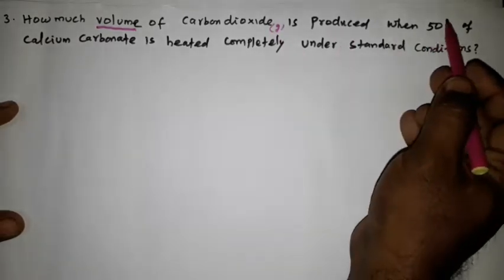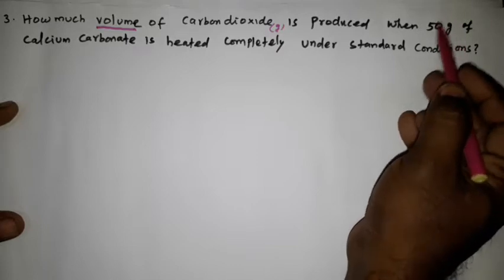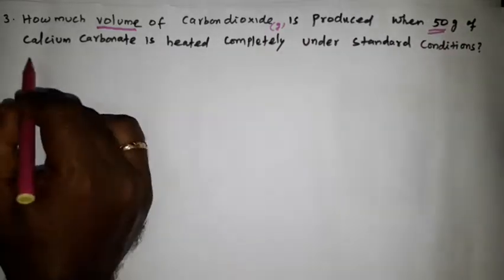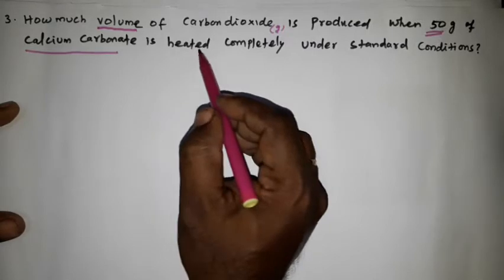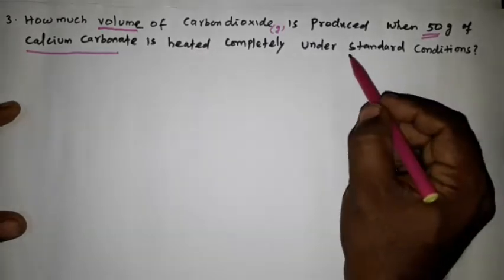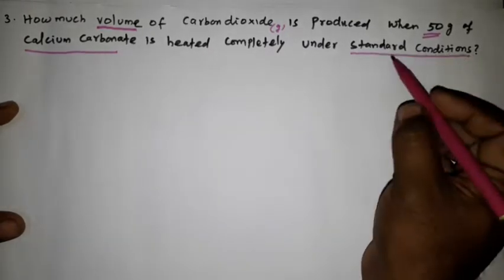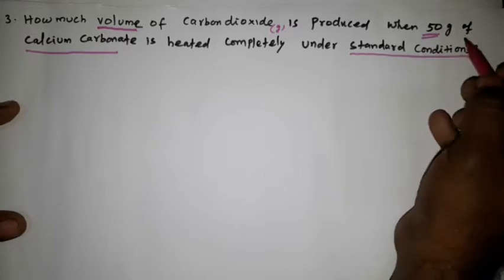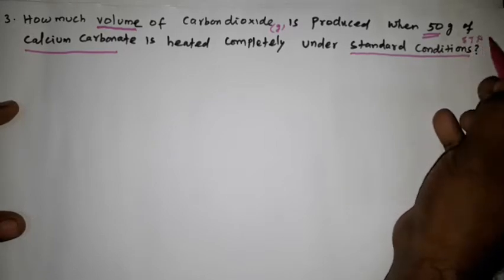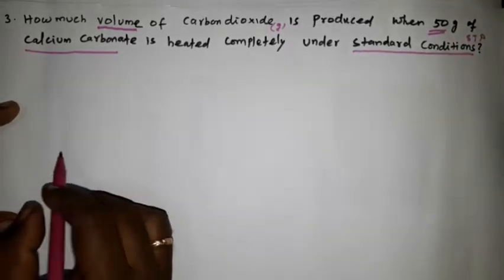The mass of calcium carbonate is 50 grams, heated completely under standard conditions. Standard conditions means STP, standard temperature and pressure.